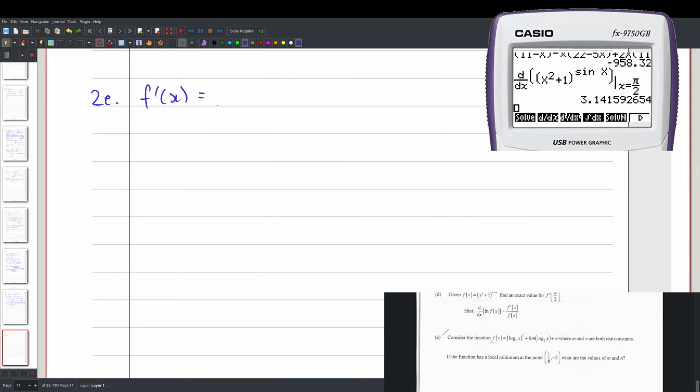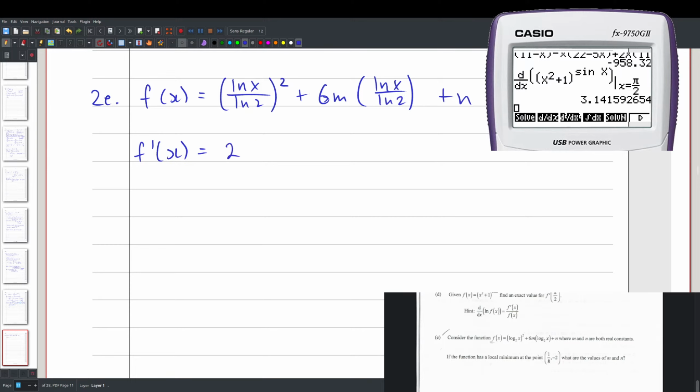Oh no, it's not that bad because it's just like ln x over ln 2 squared plus 6m ln x over ln 2 plus n, right? So f prime x, you just chain rule it.